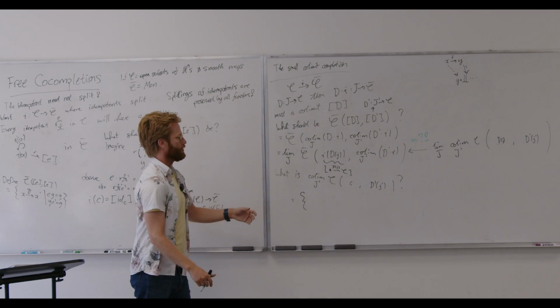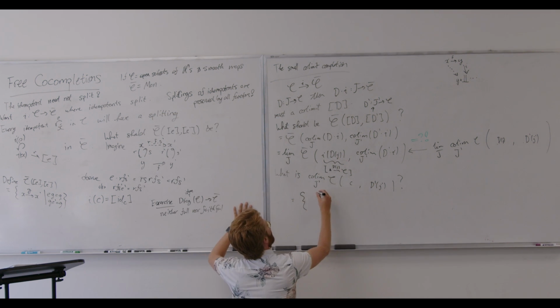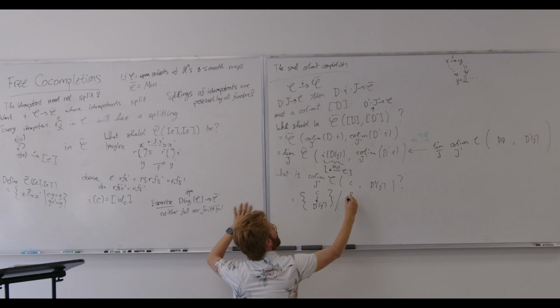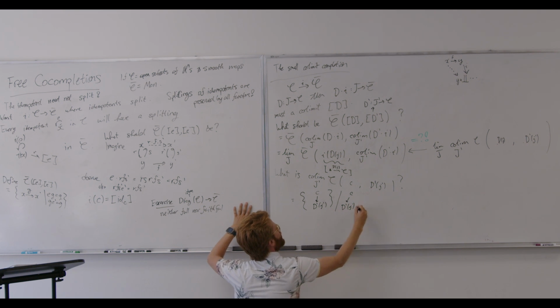OK, what is this colimit? Its elements are equivalence classes of maps like this, modulo the equivalence relation generated by triangles like this.